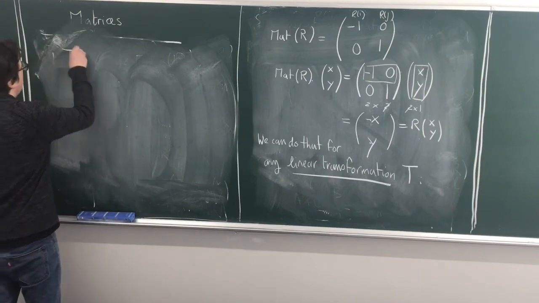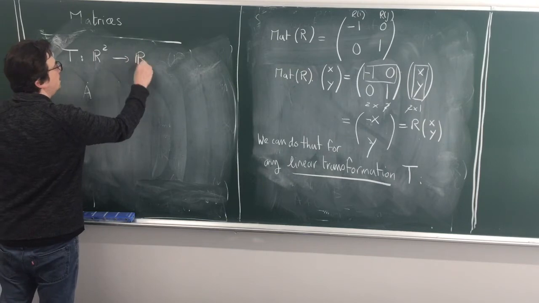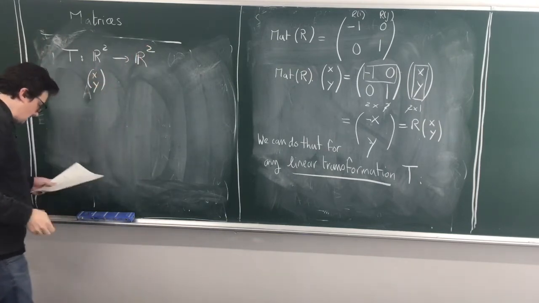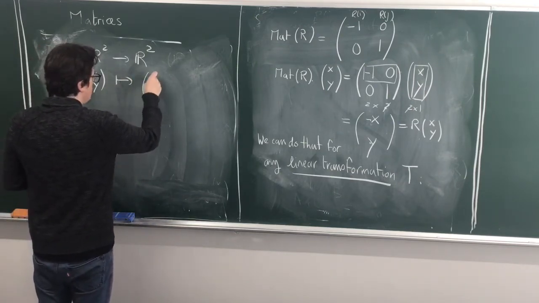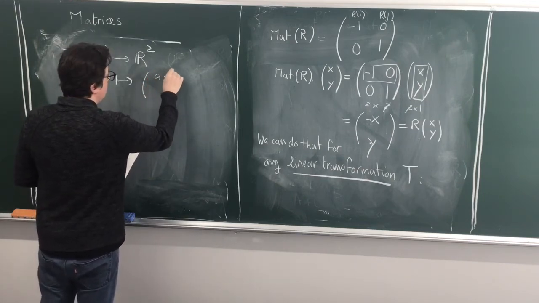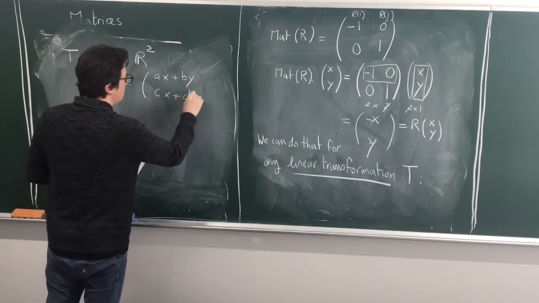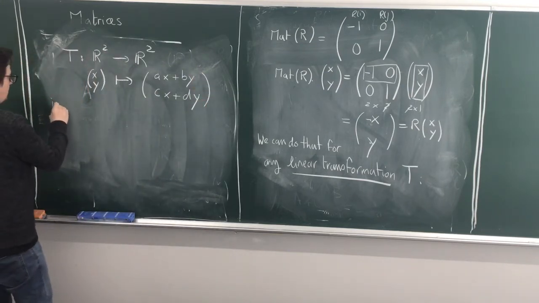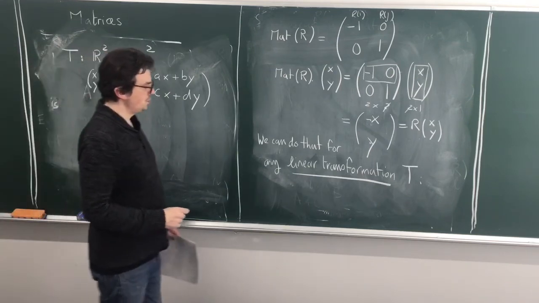Imagine that you have a function from R squared to R squared, and you associate to x and y some column vector with coordinates ax plus by and cx plus dy. So this is called a linear transformation.